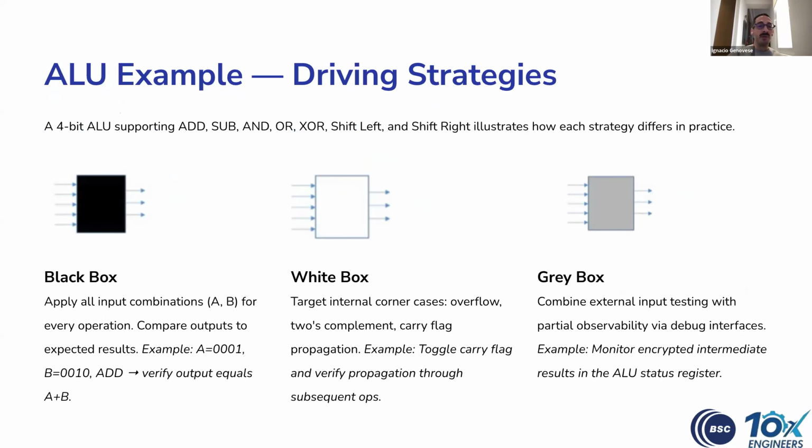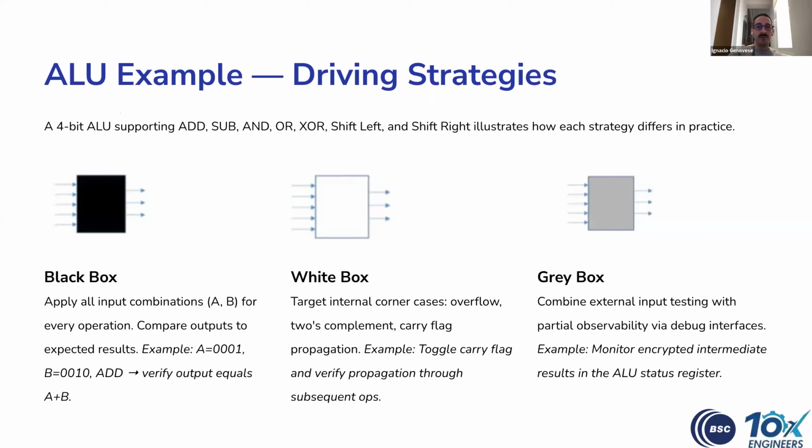Let's see this with an example: a 4-bit ALU. If we face verifying this DUT with a black box strategy, we should apply all input combinations for every operation, and we compare the outputs to the expected results. This is very simple.